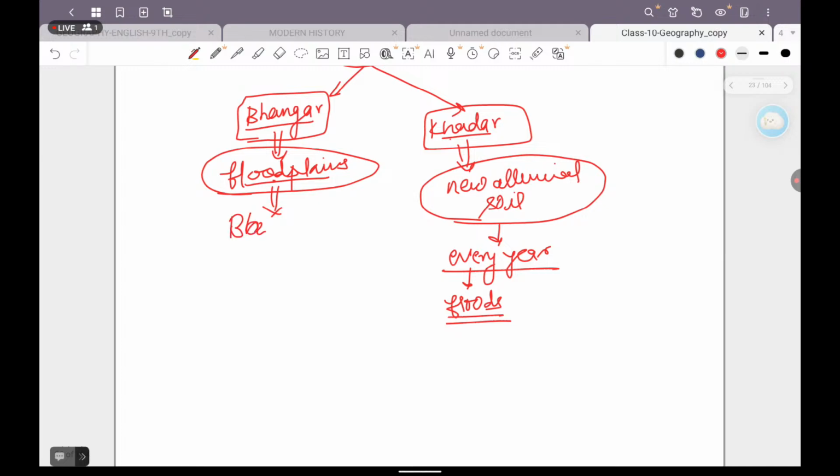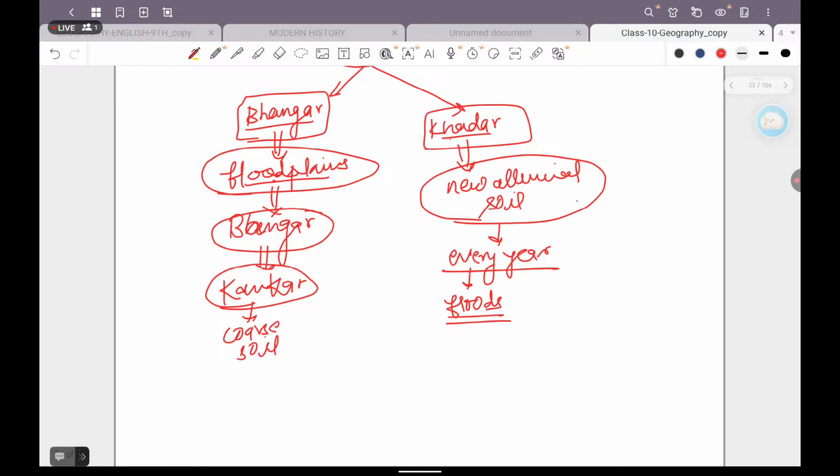In this soil there is a presence of kankar, it is coarse soil, with the presence of sand, silt and clay.